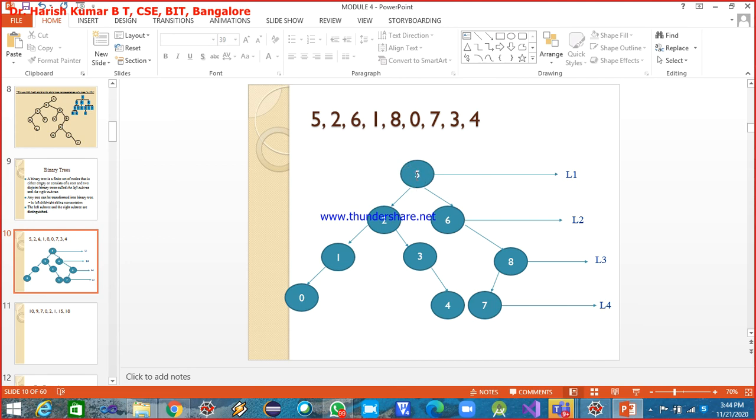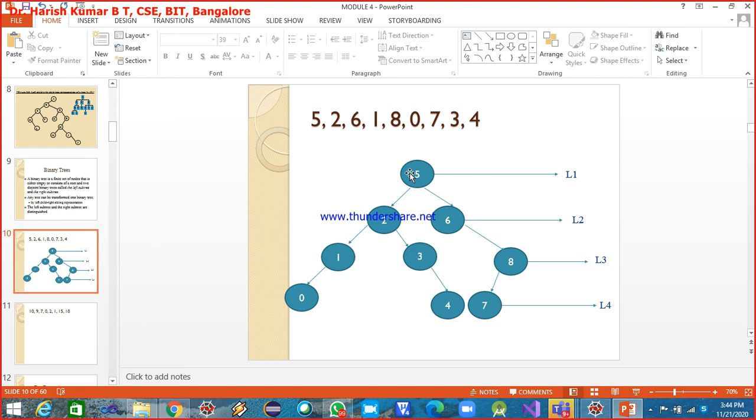If the number is lesser, it should be inserted towards the left subtree. If the number is bigger, it should be inserted towards the right subtree. We do this recursively until we reach the leaf node, and then insert appropriately.